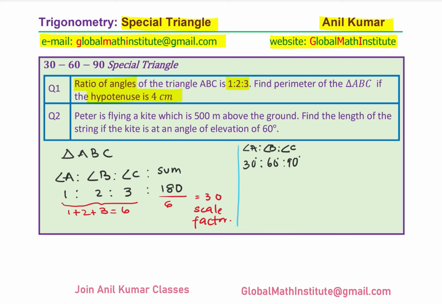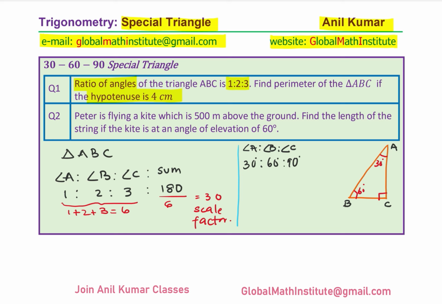Correct? Now 30, 60, 90 is a right angle triangle which is very special in itself. Let me show you how it is special. Here we have a 30, 60, 90 triangle. Let me label the sides A, B, C, with the angles we just calculated, 30 degrees, 60 degrees, and 90 degrees.